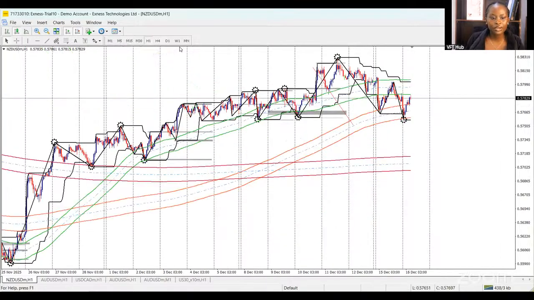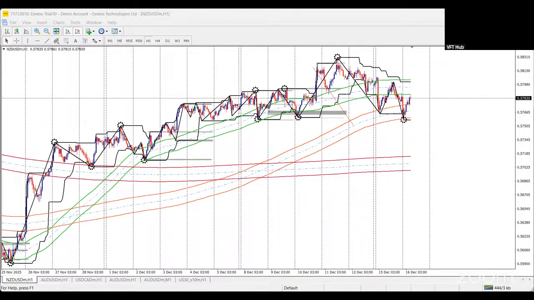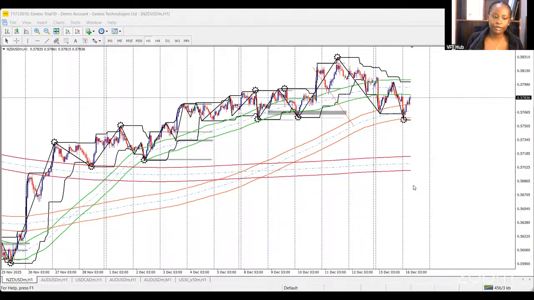So I go down to H1. And on the H1 time frame, what am I expecting? Because I know that I'm expecting temporal buys, you can see it already happened.